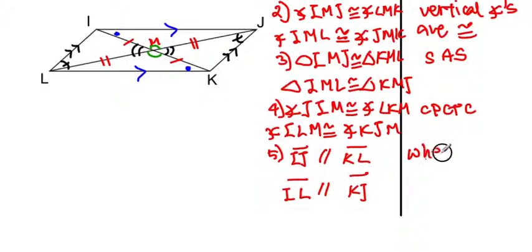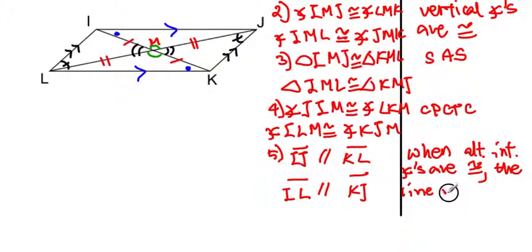The reasoning being when alternate interior angles are congruent, the lines must be parallel.